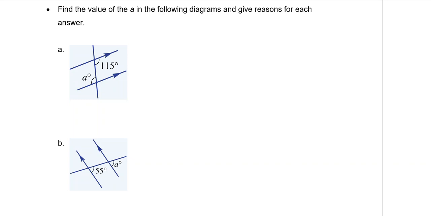In question A here, I'm going to trace around the 115, and I trace around the A, and you can see the Z shape. Now this shape was called alternate angles, and we know that these are equal. So all we have to do is write down that A is equal to 115, and then write our reason in the brackets. So this was called alternate angles, so we shorten that to alt, A-L-T, alternate angles are equal.